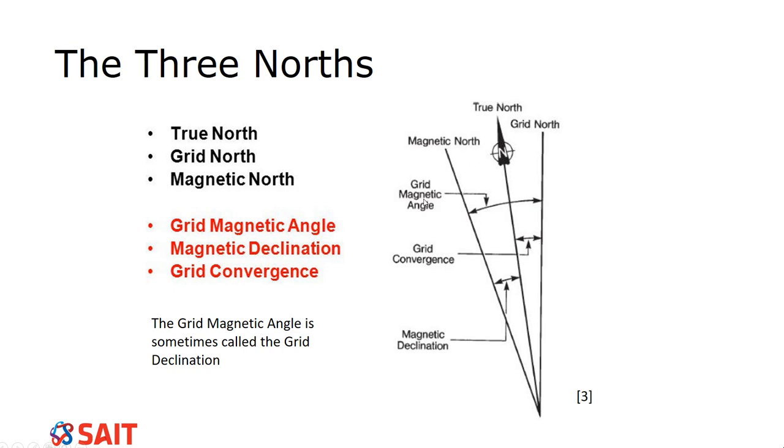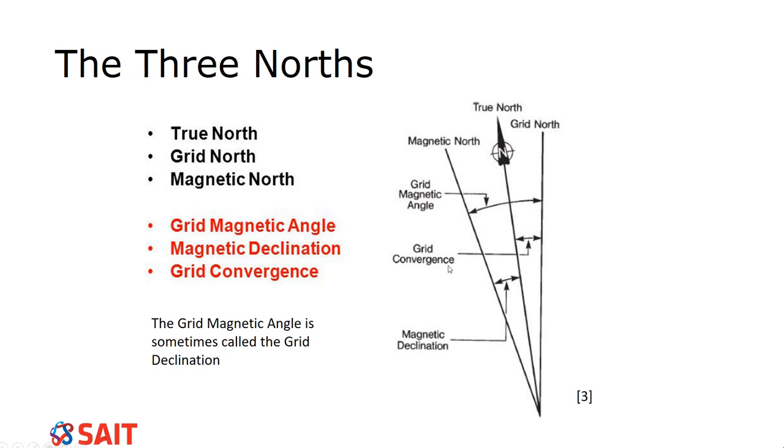Then we have the grid magnetic north or magnetic angle. So this grid magnetic angle I call the grid declination. Okay, so the grid declination, and I've mentioned it down here, goes from the grid north to magnetic north. This one changes as well because it does rely on the magnetic north.